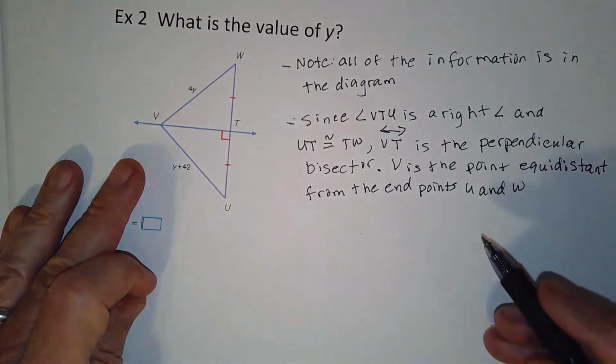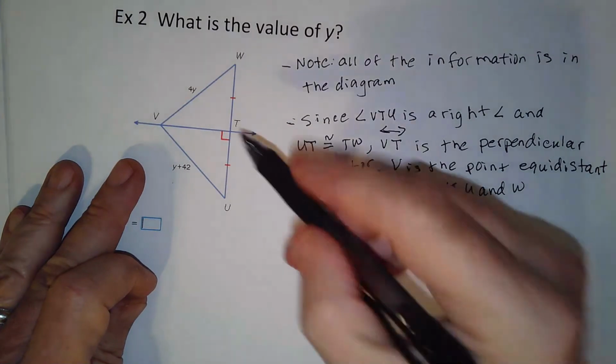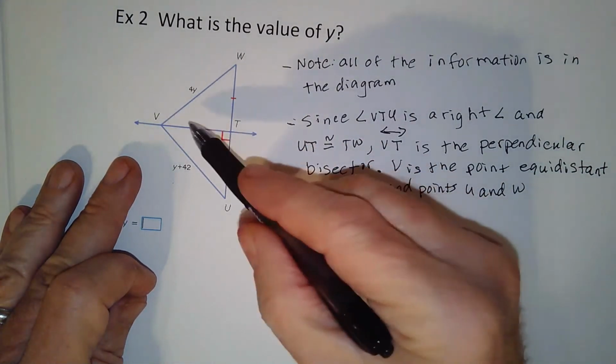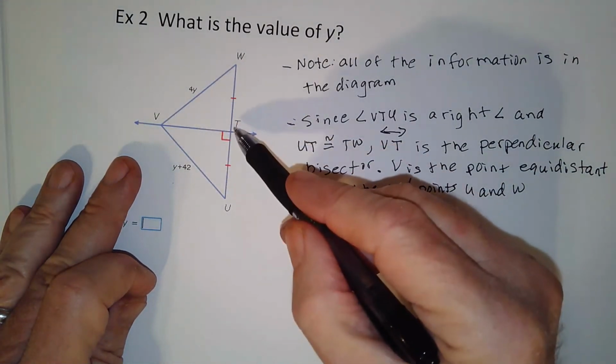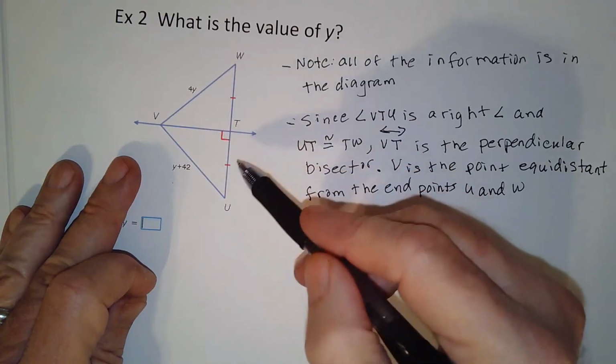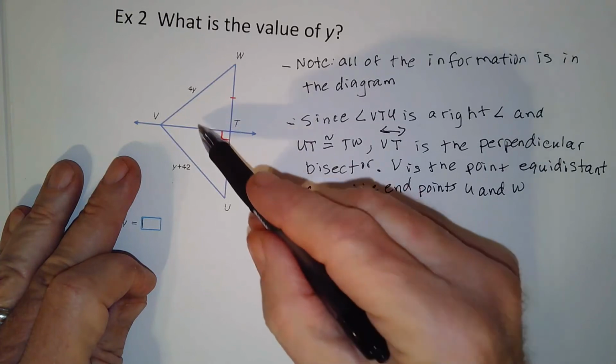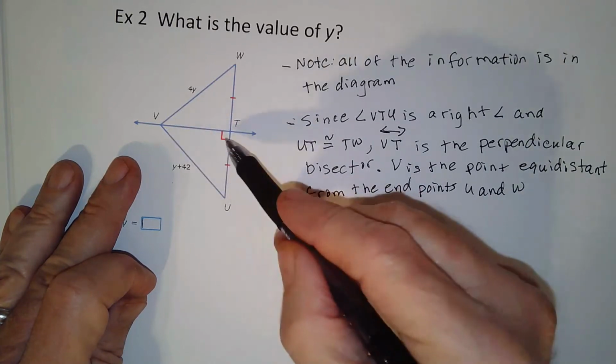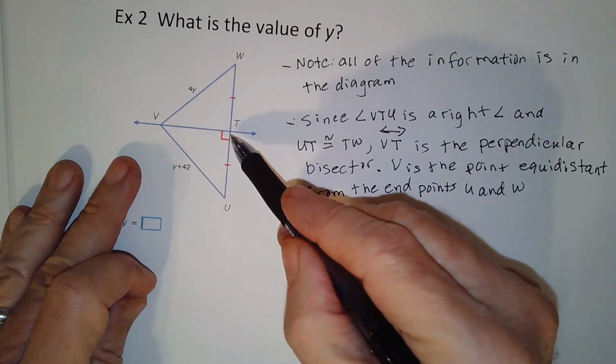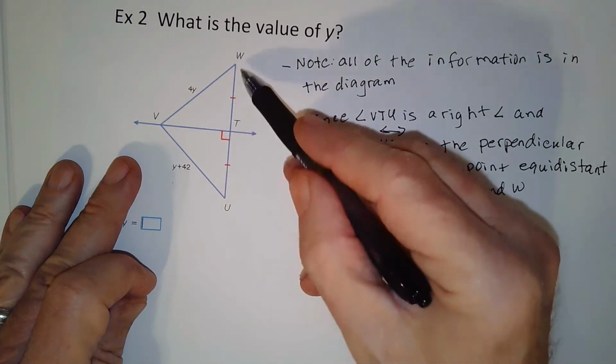Now, if you wanted to, you could talk about the fact that you created two triangles here, VTW and VTU, that are congruent because they have a side here, VT, line segment VT is congruent to itself, reflexive property.